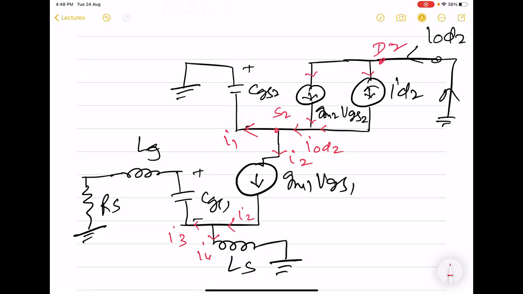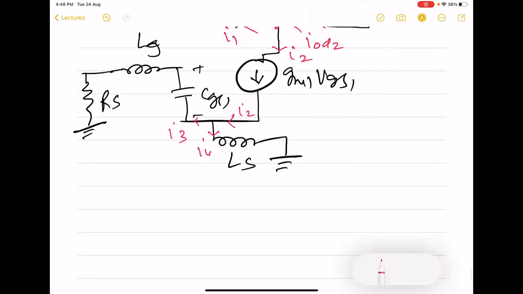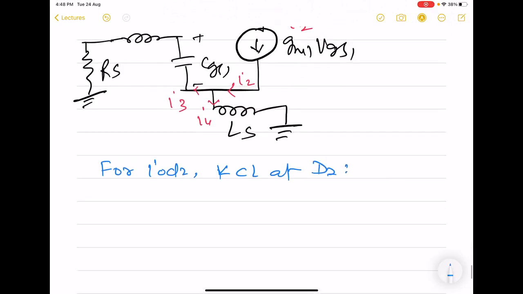So now let us set up the equations. Starting with KCL at drain 2. That gives rise to IOD2 is equal to gm2 VGS2 plus ID2.